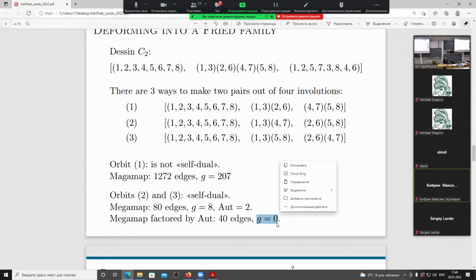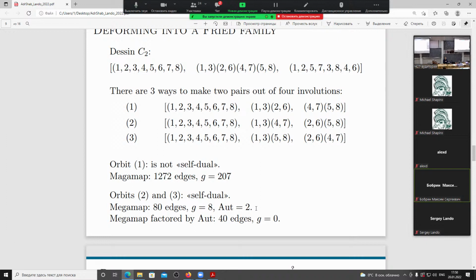Yeah, sure, it's true. But actually, what we have here is some cover of the curve. When we talk about megamaps, it's some cover of the curve in the moduli space which we talked about, because there are two things. First of all, now we talk about Hurwitz space, not about moduli space, so it's some cover.